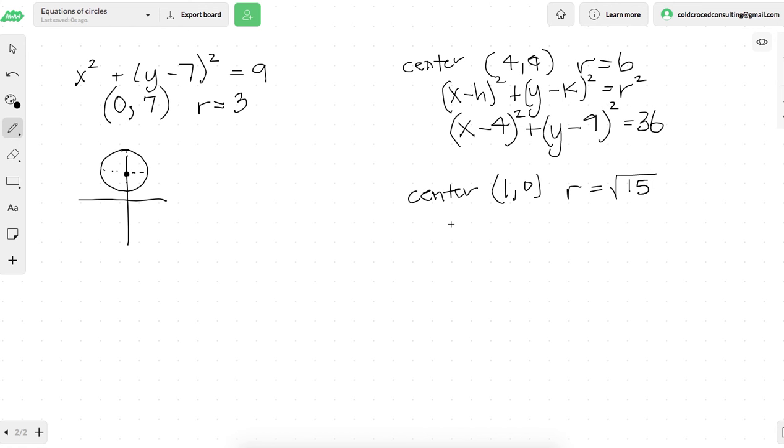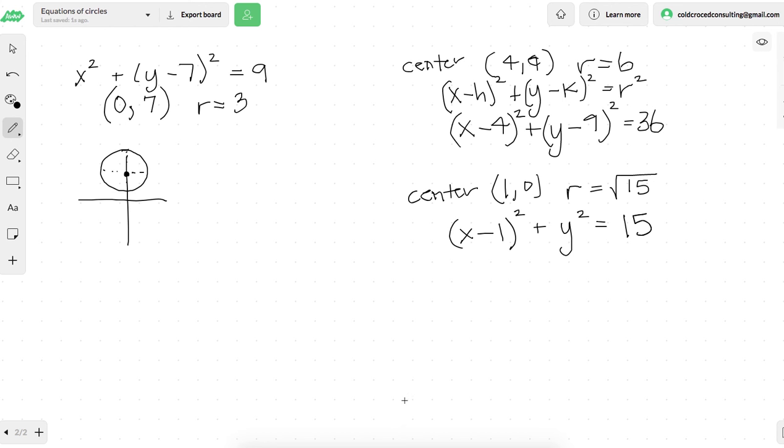All right, so again, this is going to be x minus 1 squared. The y, nothing's done to it. It's still staying at 0, so just y squared. But remember, if I take the square root of 15 and I square it, that square root and square cancel out, so I just have 15.